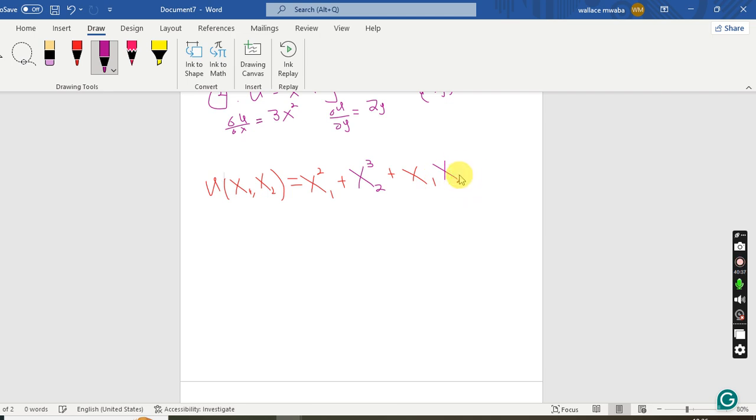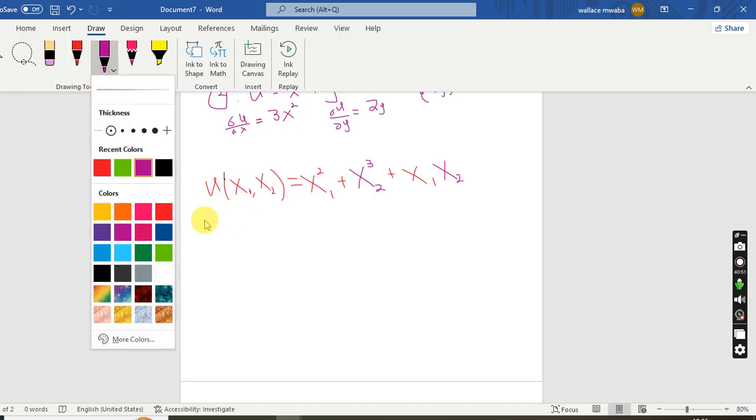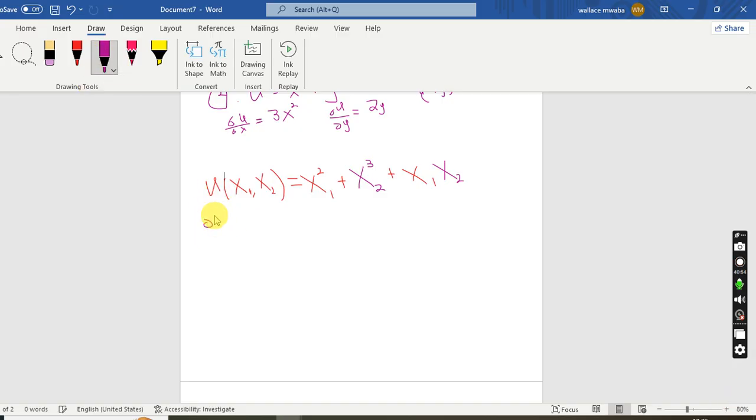Anyone found the answer? Yes, I have. Okay, what's the partial derivative with respect to x1 when we derive the utility function?